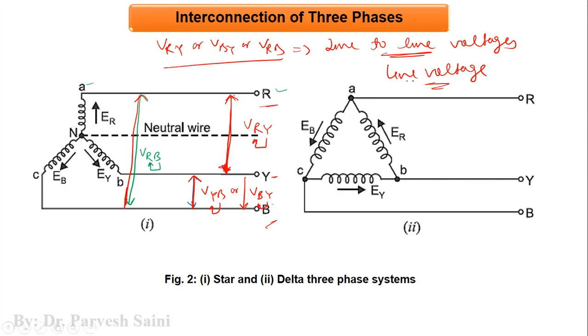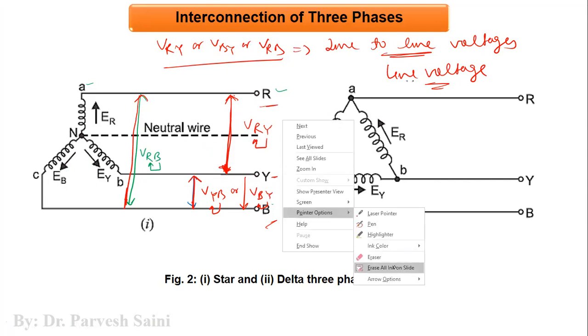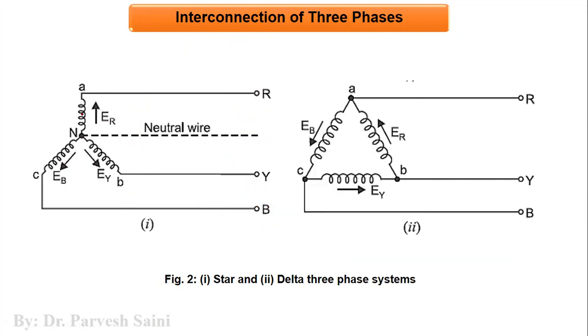Now let us come to the next thing, that is the line current and phase current. Line current is the current that flows in the line. Let us say this is IR, this is IY, and this is IB. And here let us say it is neutral current IN, which is equal to IR plus IY plus IB.